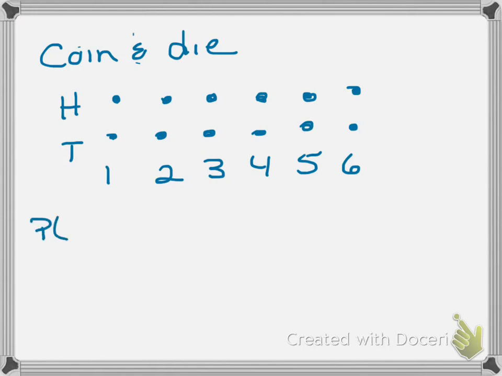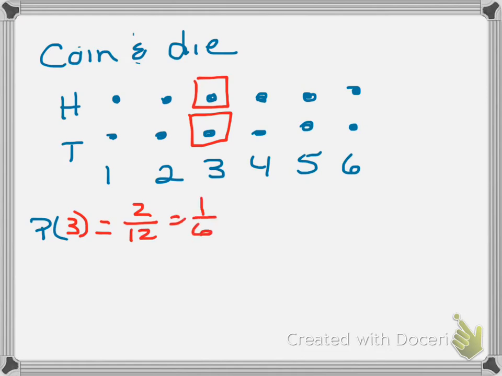Now I want to know, let's do a different color, what is the probability of getting a 3? I can get a 3 here and I can get a 3 here. So that is 2 out of 12, which is 1 over 6, correct?